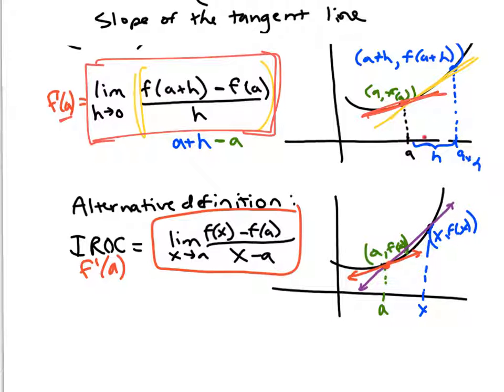Instead of talking about adding a certain amount and calling that h or delta x or whatever you want to call it, we just talked about a different point, a, f of a and then x, f of x, and talked about if x approaches a, that means this point is going down here and I'm still ending up with the slope of this tangent line. So what I need to recognize is if there's no x in the problem in this kind of scenario, I'm finding the slope at a point. And if it doesn't have an h at all, and it has x approaching a value, then I'm probably looking at the alternative definition. I know an example will help you, so let's try 2 examples.